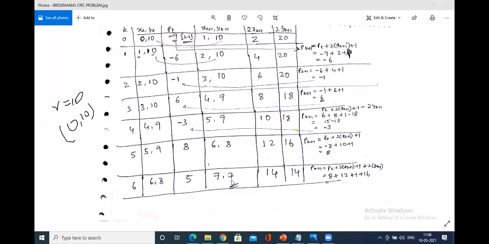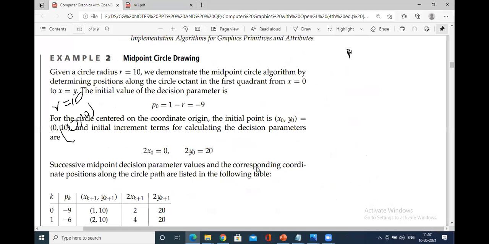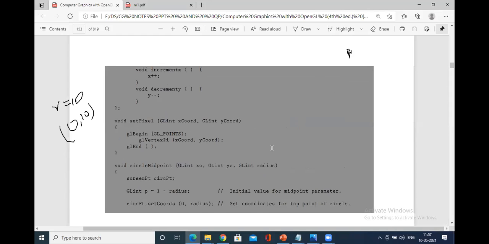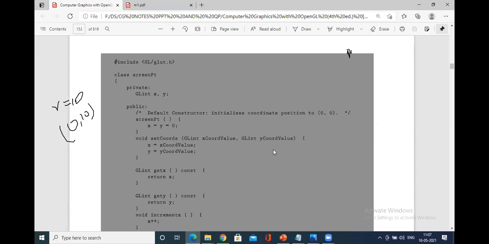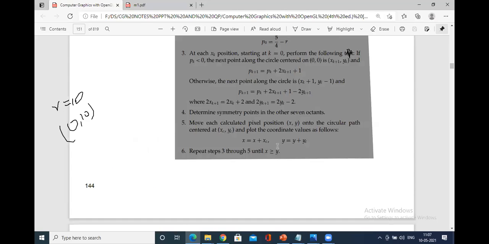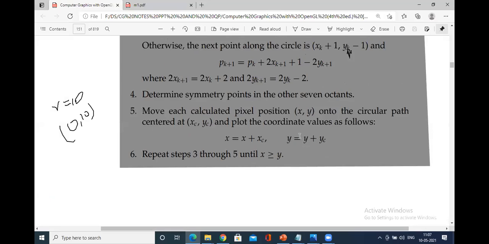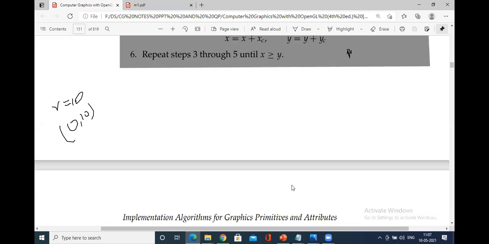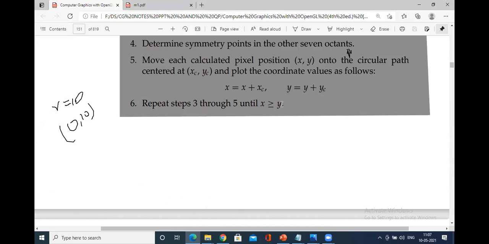As per the algorithm, you iterate till xk is less than or equal to the r value. Is it or not? Just see till where you have to iterate as per the algorithm. So you have to iterate till x is greater than or equal to y.